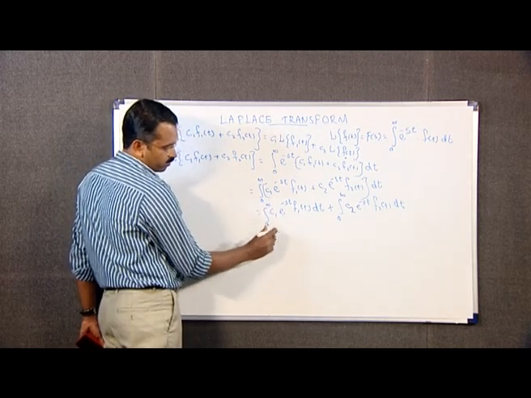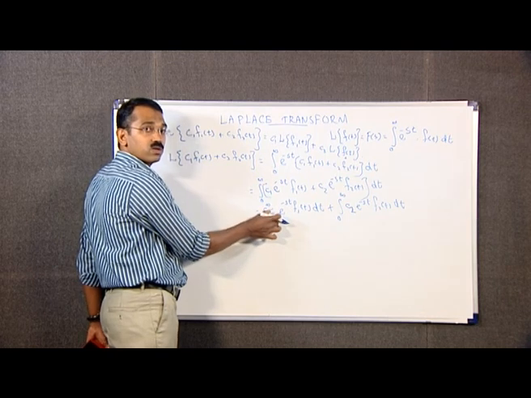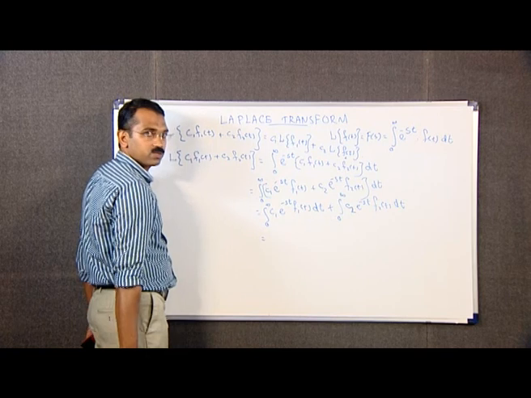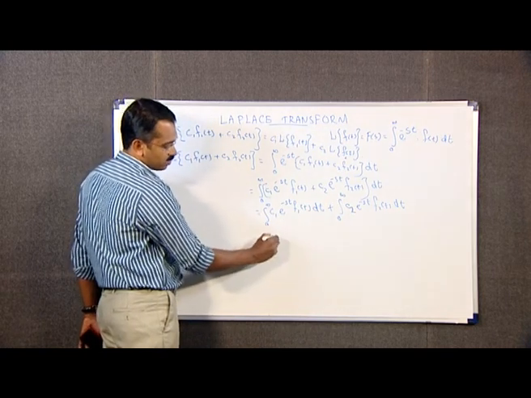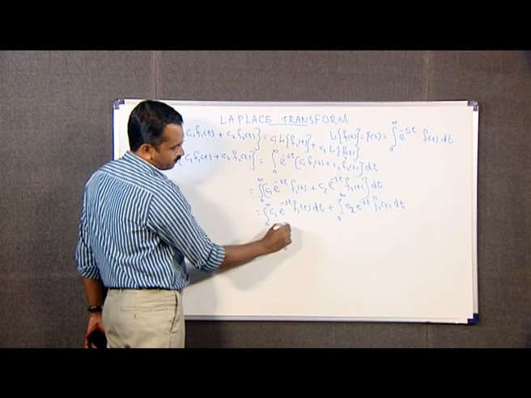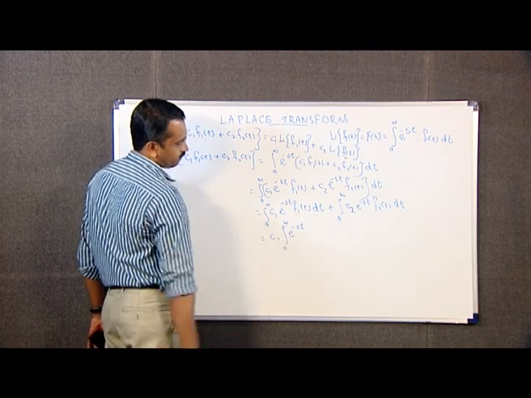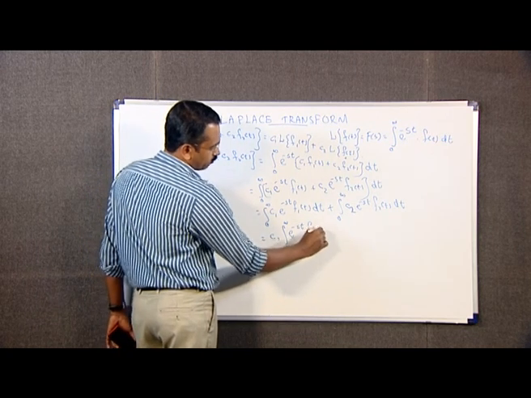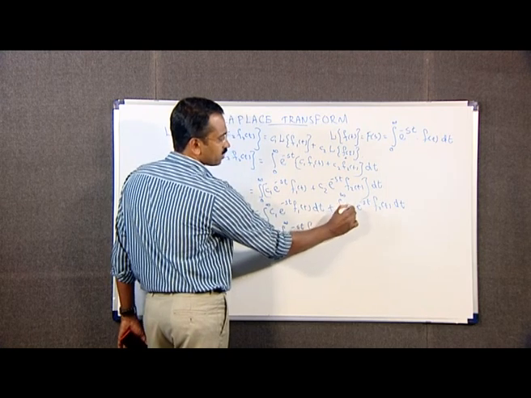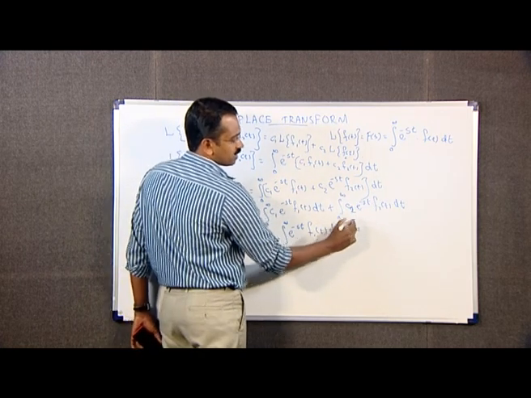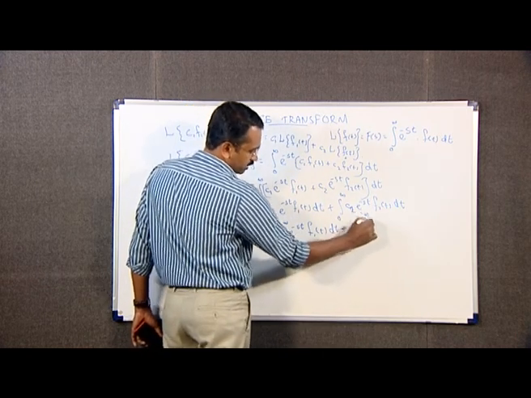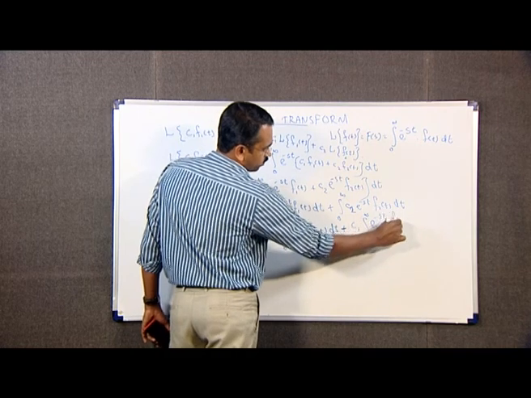We can take the constant c1 outside of this integral because the integration is with respect to t. Therefore, c1 is a constant, c1 into integral from 0 to infinity e raised to minus st into f1 of t dt plus, similarly, c2 can be taken outside, c2 into integral from 0 to infinity e raised to minus st into f2 of t dt.